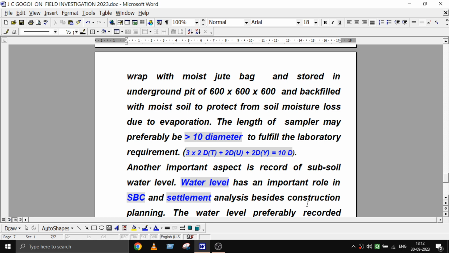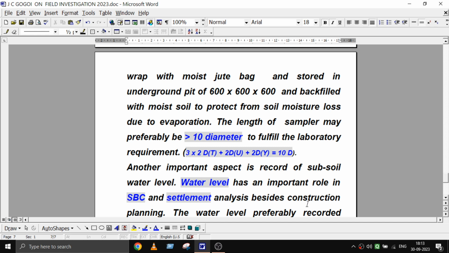Water level has an important role in SBC, settlement analysis, and construction planning. If we do not know the subsoil water level, our builder or project planner will suffer. Construction planning is entirely based on subsoil water level study.